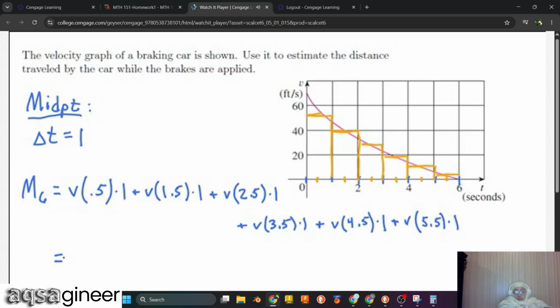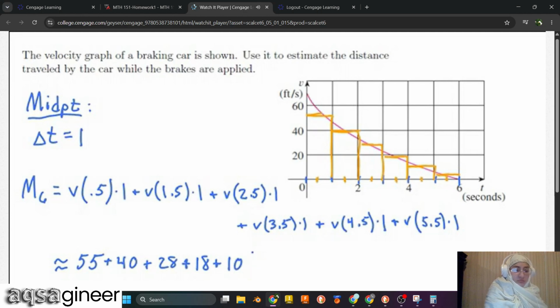Okay, so looking at this picture and approximating, this is approximately 55 plus about 40 plus 28 plus about 18 or so plus around 10.